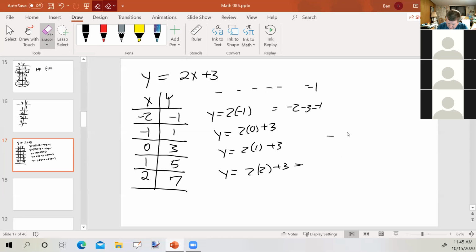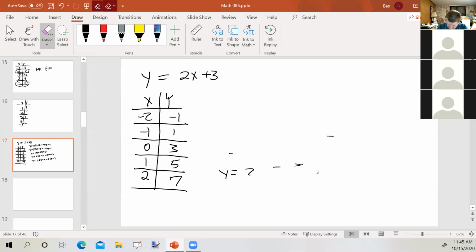Let's get rid of all this because we're going to need some room here. Okay, come on here. Does this look like it's a function? Yes.